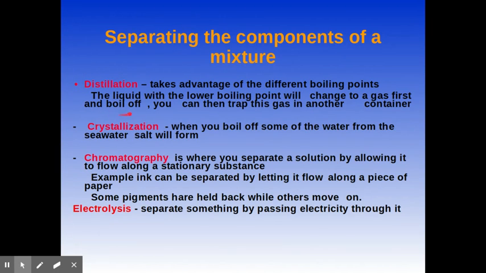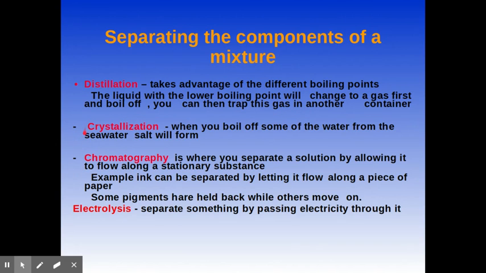They have alcohol and water mixtures, and those two things have different boiling points. Alcohol has a lower boiling point than water does. So, we can heat it up where it evaporates off first. Then we can trap that gas in another container, and I'll show you that here in a second.